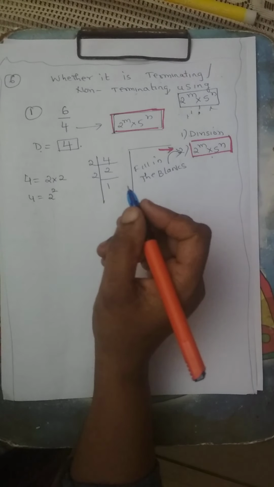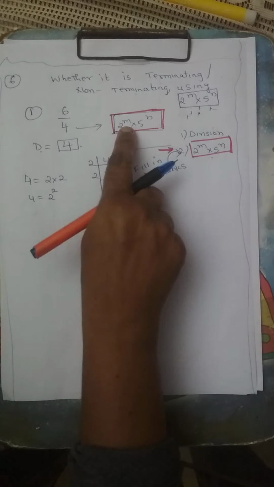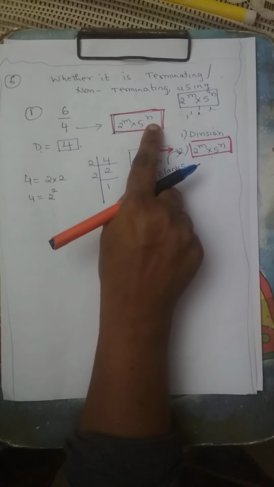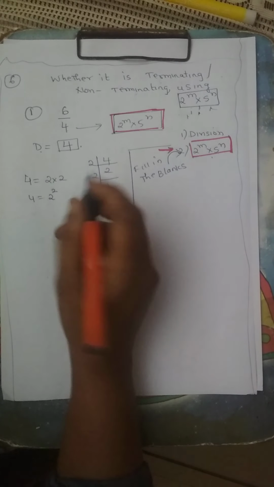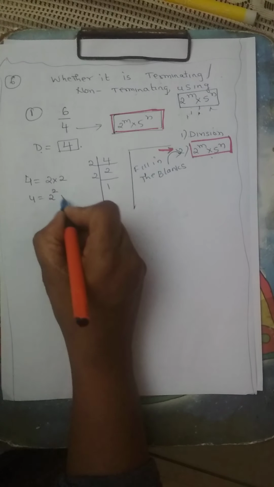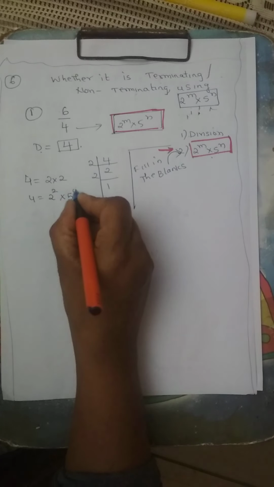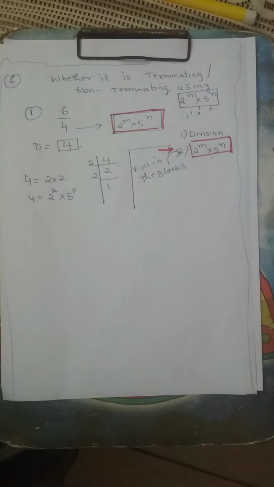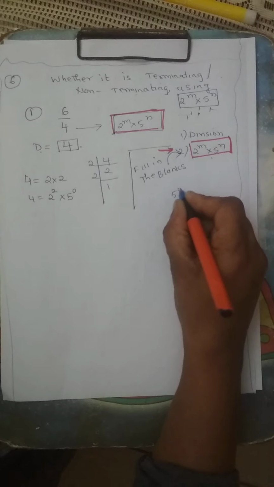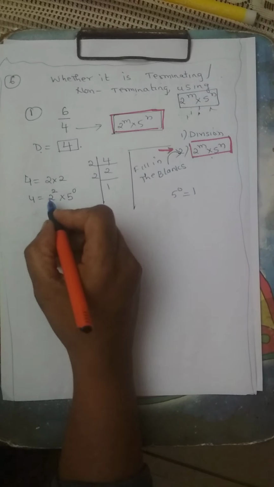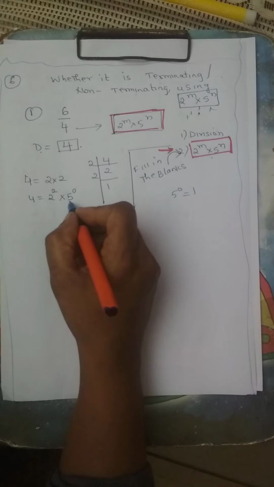But now we need to check whether it is 2 raised to m into 5 raised to n. But there is no 5. So it's understood that 5 can be written as 5 raised to 0. Understood? Because 5 raised to 0 is 1. I repeat, there is only 2 raised to 2 and there is no 5.